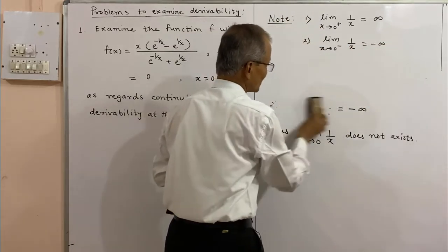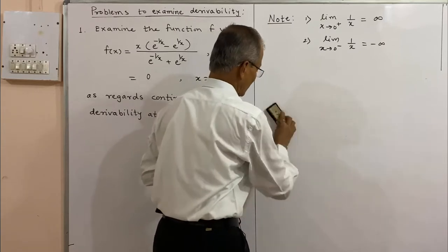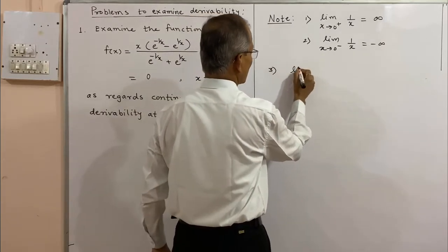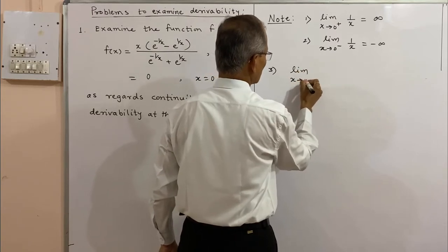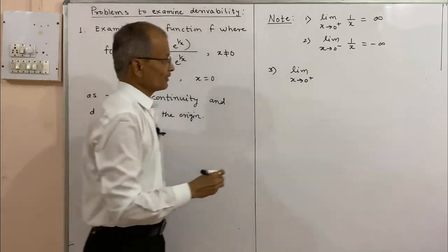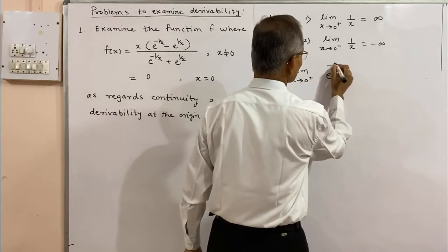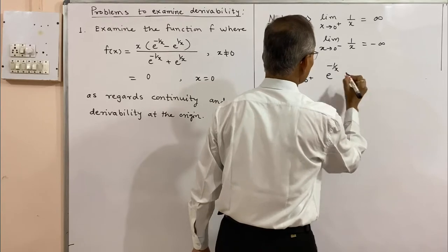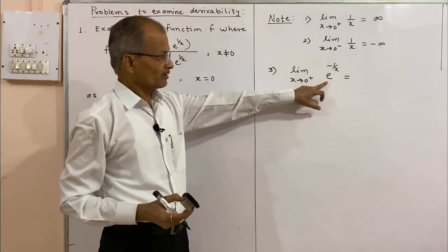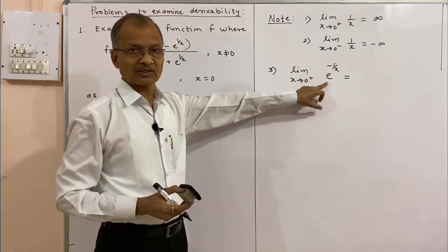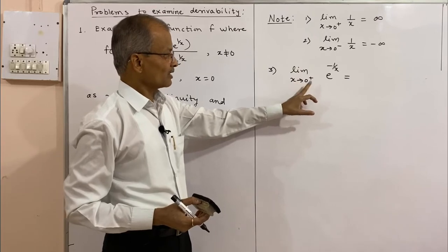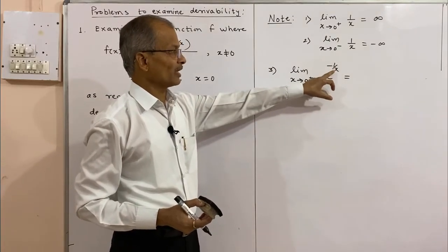And one more thing we shall consider is, third, limit as x tends to 0 from right of e to the power minus 1 by x. Now what will this be? e is the base of natural logarithm and it is a fixed number, and the limit is for x, so we take the limit of the exponent 1 by x.